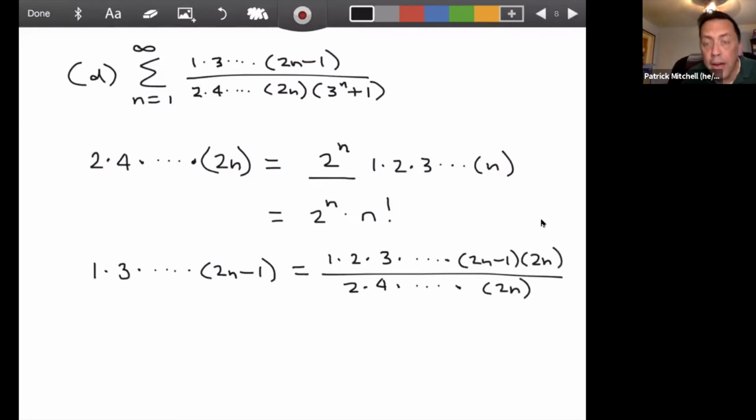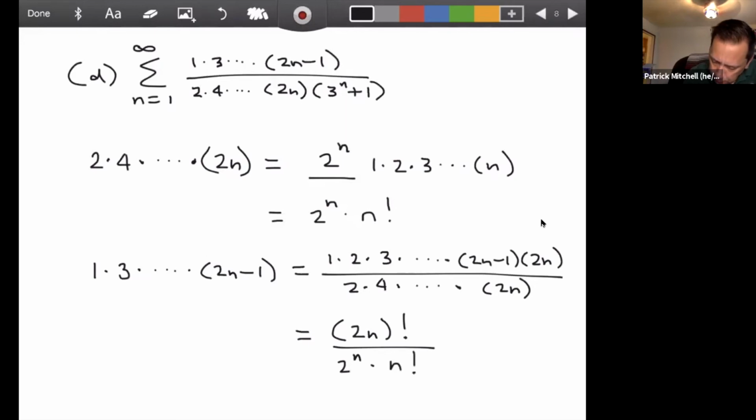See that? After I cancel out the even factors, only the odd factors would be left. So upstairs, you have the factorial of 2n. And downstairs, you have the even number factorial, which we just talked about, is 2 to the n times n factorial.